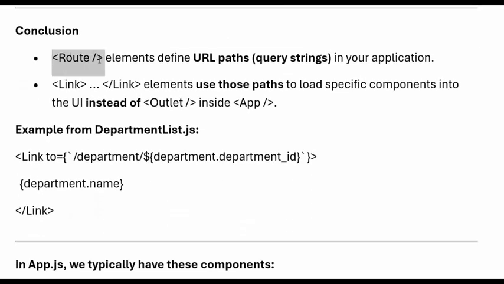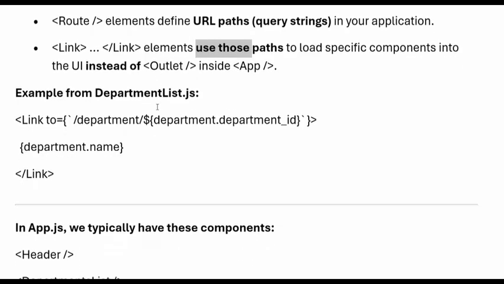Root React element defines the address of the website, the query string in your application. Link elements use those paths to load specific components into the user interface instead of Outlet inside the App component.